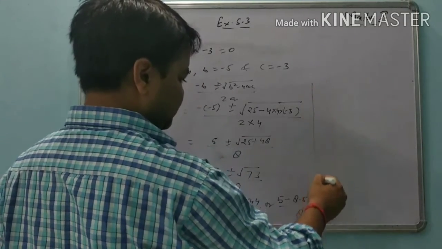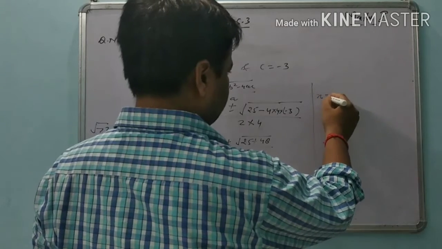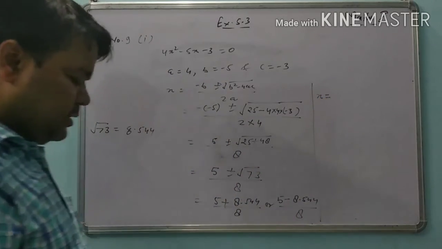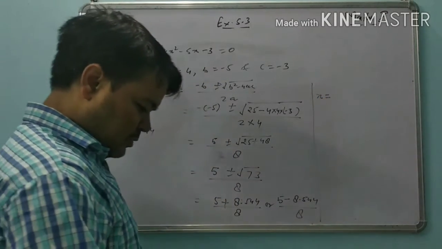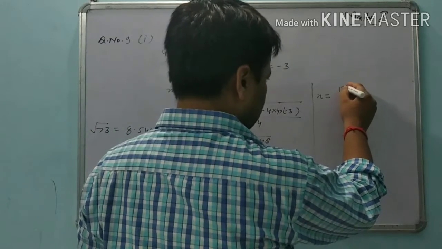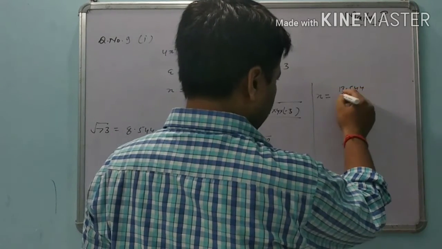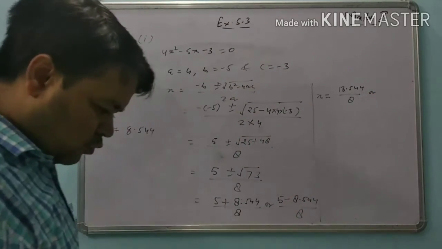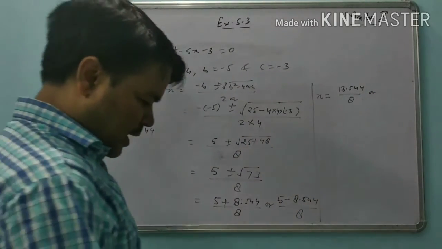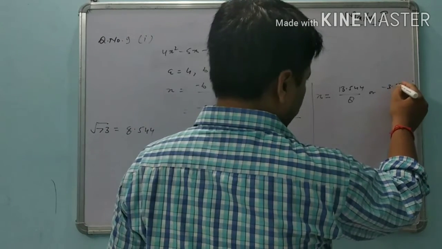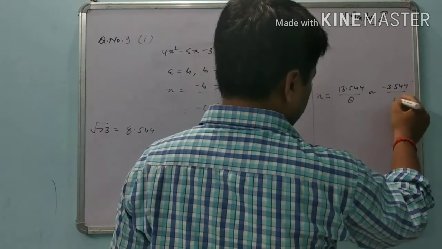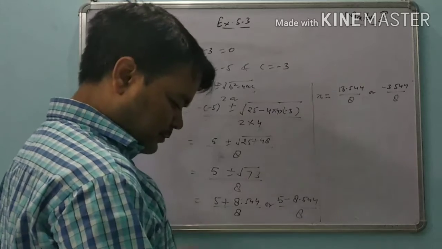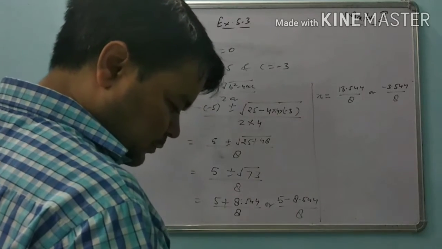Then here x is equal to, if we add, 13.544 by 8 or minus 3.544 by 8.